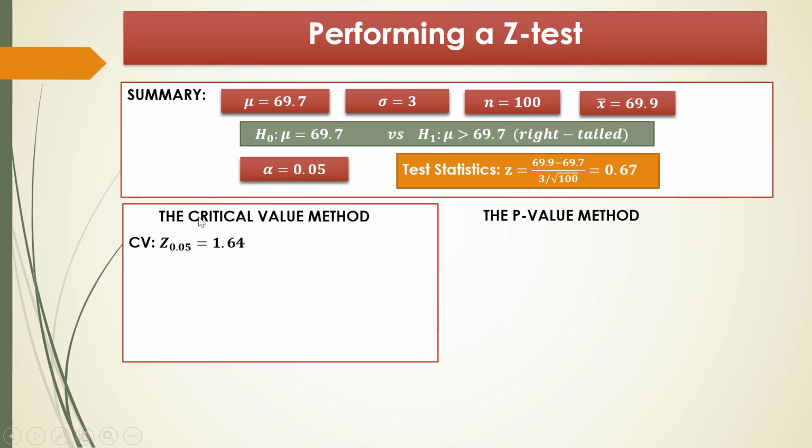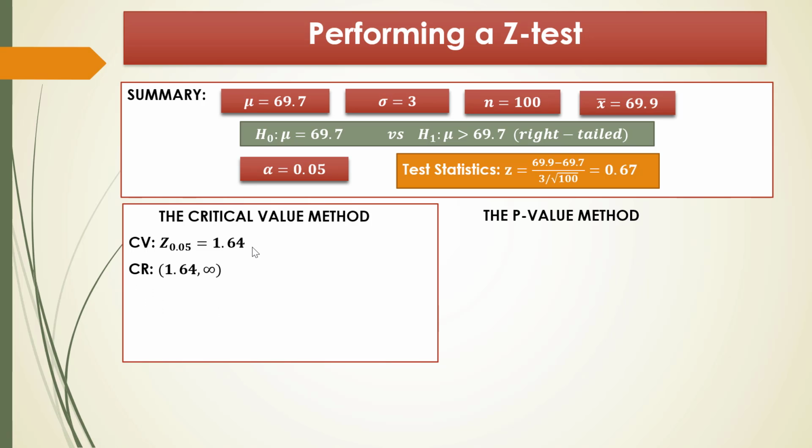So the threshold should be z 0.05, because the area to the right of z 0.05 is 0.05. Use either the A2 table or technology. We have z of 0.05 is 1.64.